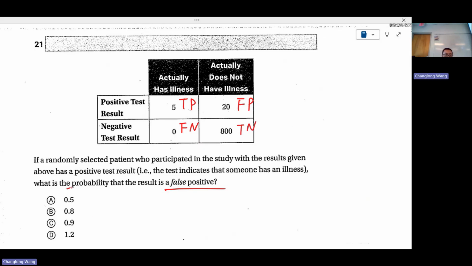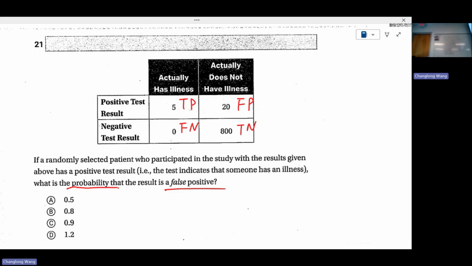So now remind yourself, how do you define probability? You try something, right? Testing people. You might get different outcomes, right? So they're either sick or not, they test positive or negative, right? So for a certain outcome, the probability is the number of occurrences of this outcome divided by the total number of trials, right? So false positive, the 20 cases, right?